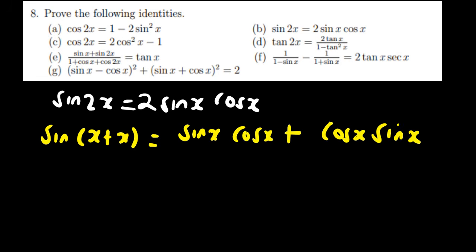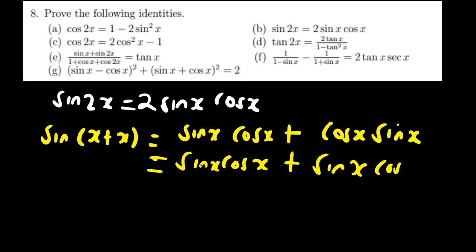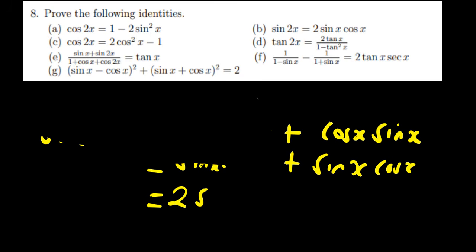Now because multiplication is commutative, provided the things are the same and you're not changing anything, this can be written as sine x cos x plus sine x cos x if you want. It's just the same. If you say 7 times 3, is it the same as 3 times 7? It's the same thing. And when you add these, because these are the same, you're going to have 2 sine x cos x. So here it's already a proven identity. There's nothing much that you're supposed to do on this part. Okay, so let's solve another one.